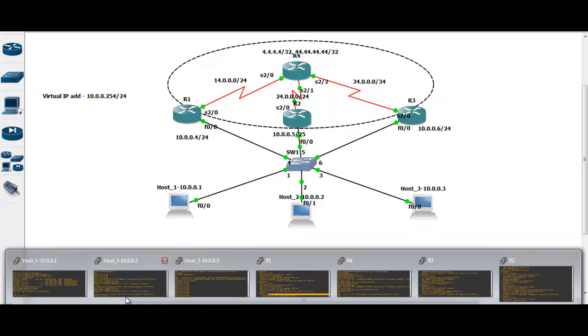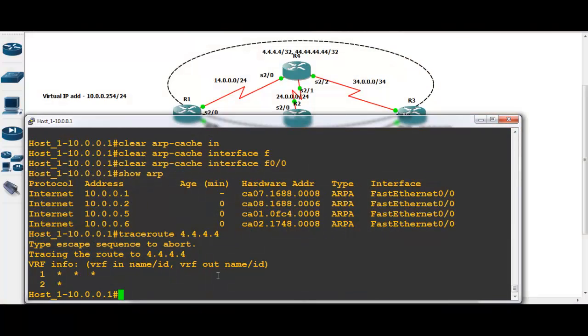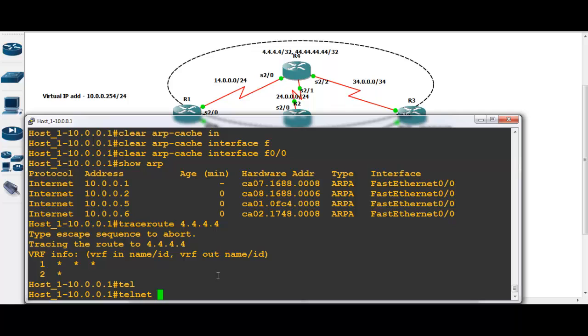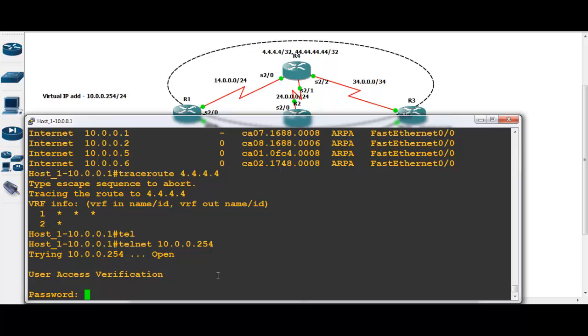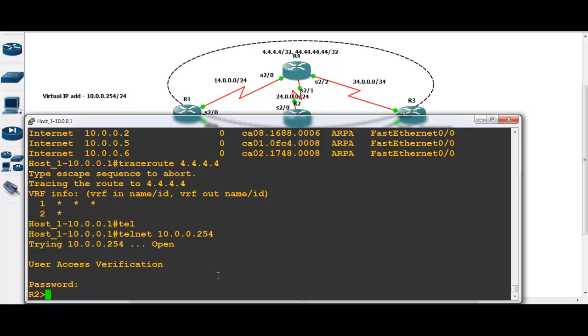Let's see whether it is really happening. Telnet 10.0.0.254. CISCO123. Router 1 is responding.